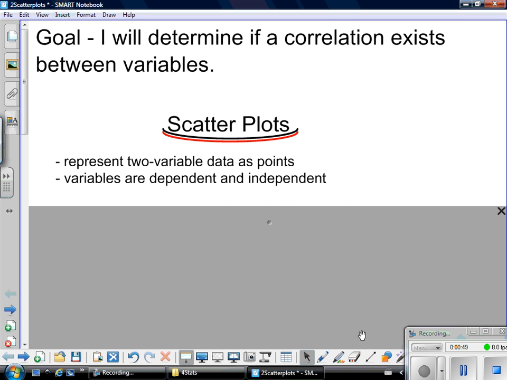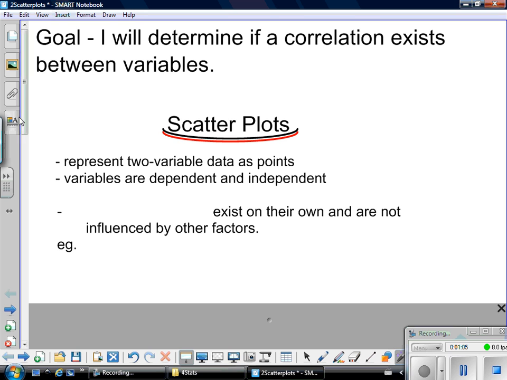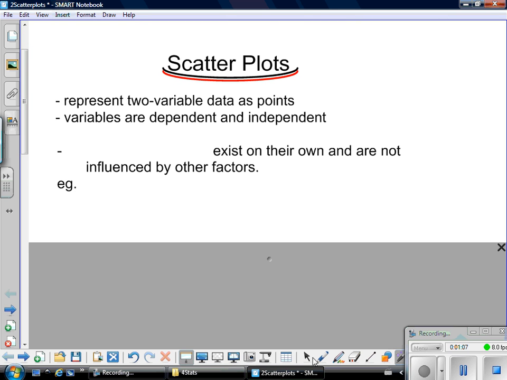So we have what we call a dependent and an independent variable. And sometimes that's a little bit difficult to determine, which one is dependent on the other one. So this is the slight definition of what we're going to look at as being our variables.